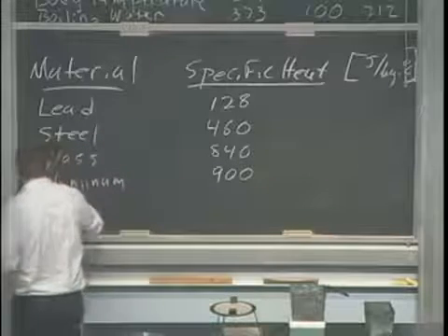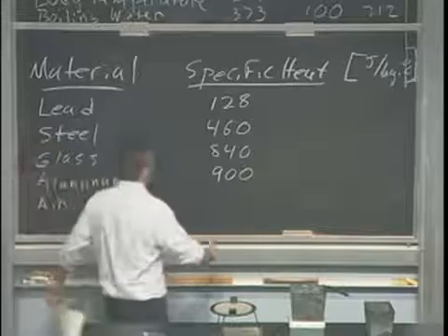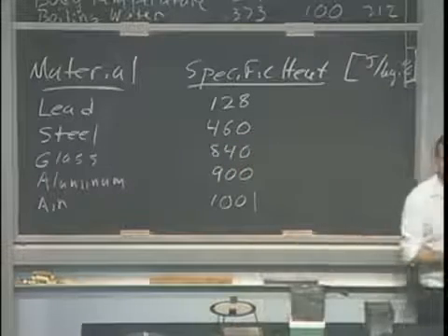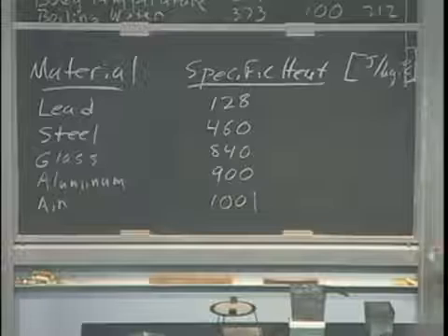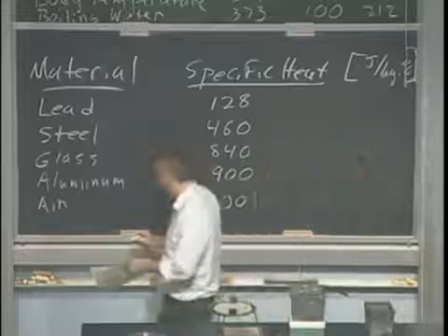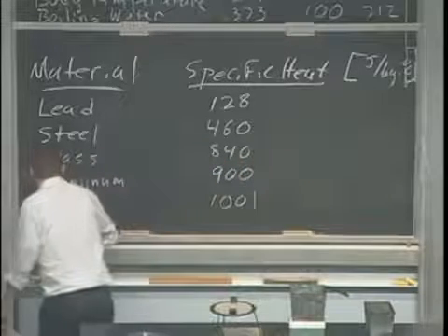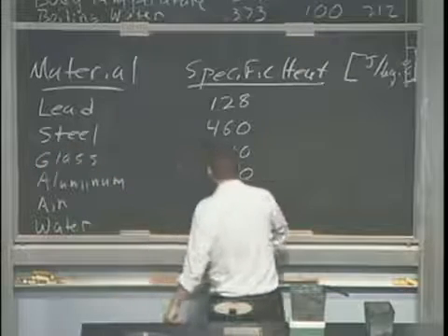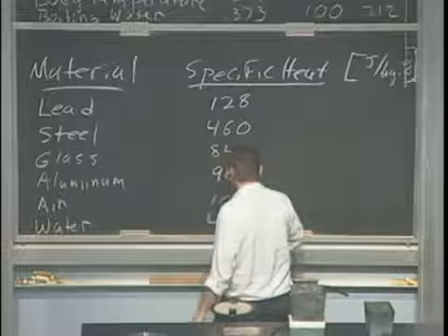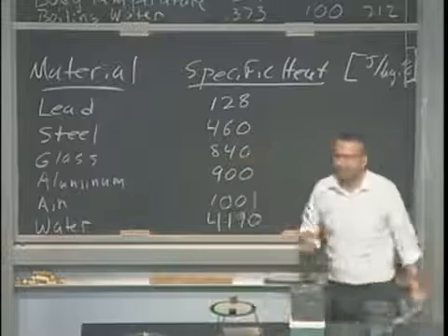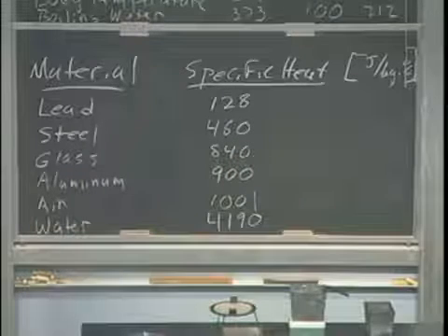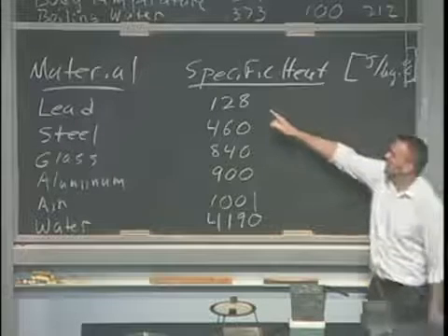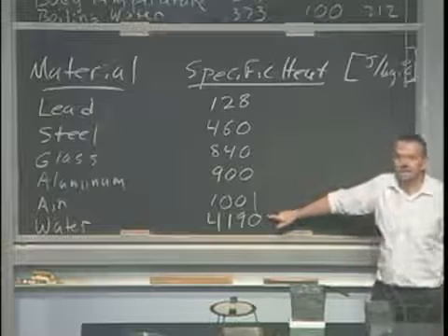Air is 1,001. And then the last one I think I'll put on there is a really important one. Water. Water has a specific heat, a whopping 4,190. So 30-something times more than lead.